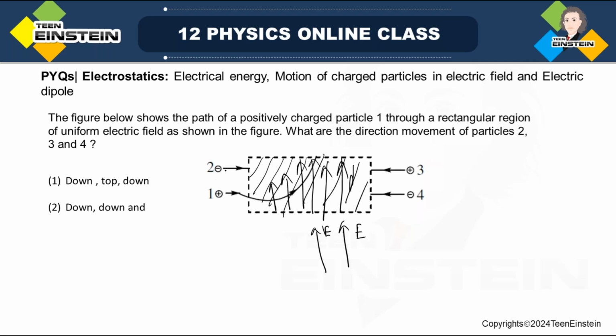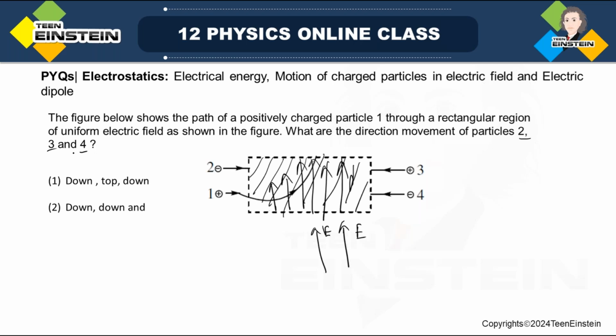Then for these negative charges, in which direction will they go, down or up? I think there are many options. Let us just find out. So for the negative charge 2, and then 3 and 4, where will they go? Down, up, top, bottom.